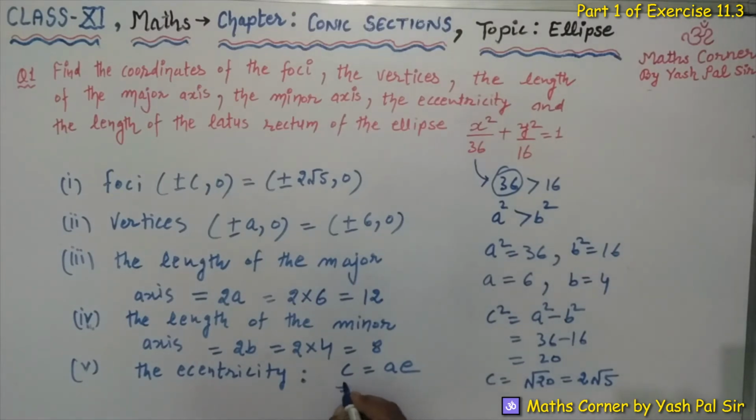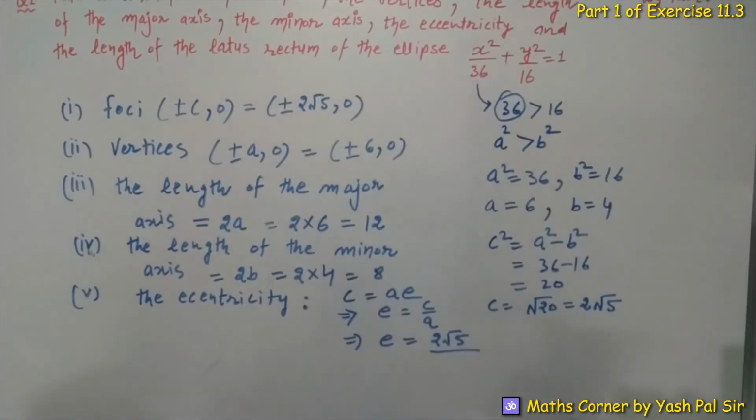So e is equal to c upon a. That is, eccentricity is equal to 2 square root 5 divided by a. a is 6. So this becomes square root 5 upon 3.